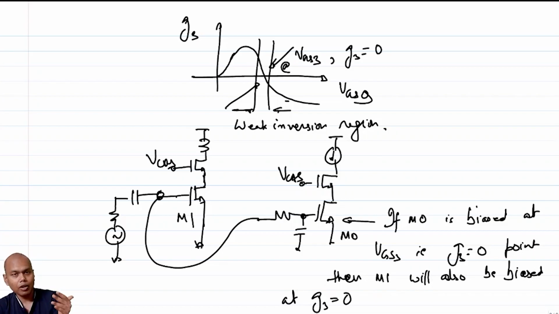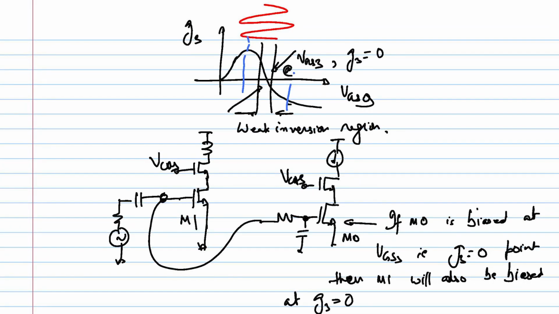Otherwise, you can end up having a very bad distortion, because if you somehow end up biasing your circuit here or here, then the whole purpose of using this mechanism is lost.